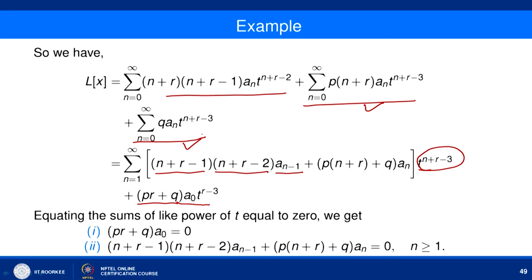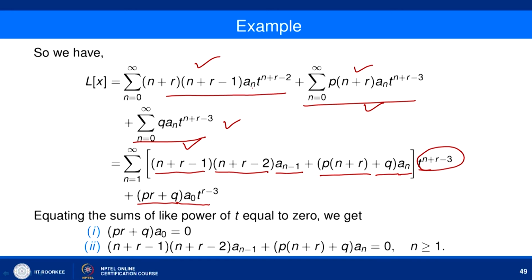Now we want to write a general term. Let us say the general term is t to the power n plus r minus 3. These two terms are already given in terms of t to the power n plus r minus 3. So p n plus r plus q into a n is already the coefficient of t to the power n plus r minus 3. And from this term, if you want to calculate the coefficient of t to the power n plus r minus 3, then you simply replace n by n minus 1.